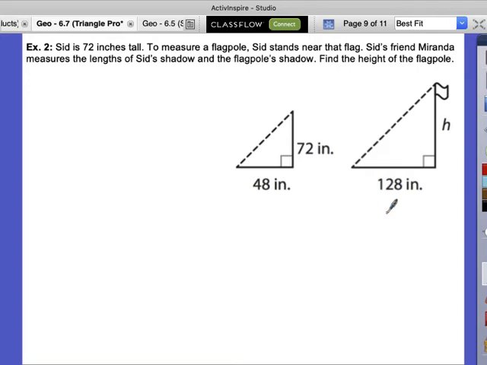Wait, what do I simplify it around? You have 128 and 48. There's six, lots of numbers. I know what's the biggest.